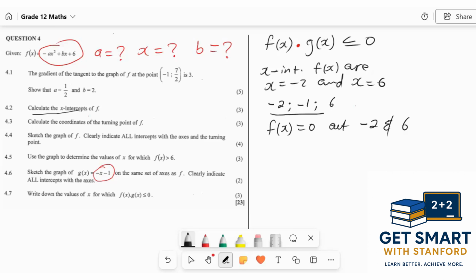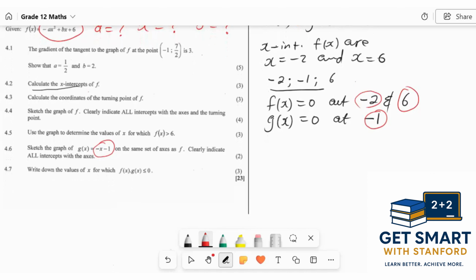And the graph of g is 0 at -1. Hence, we say our critical values are -2, -1, and 6. That's because these two graphs are equal to 0 at those critical points.